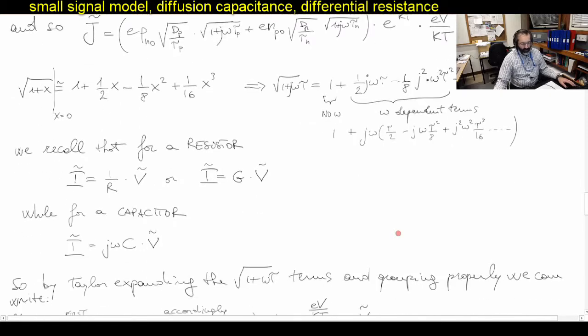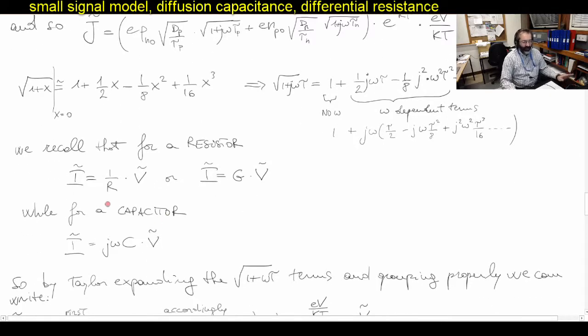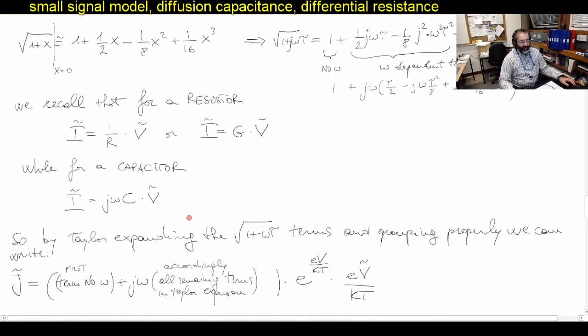Now, remember that when we have a resistor in AC signals, I tilde is equal to 1 over R times V tilde. Or if you like, I tilde is G V tilde. G is the conductance, if you remember, which is the inverse of the resistance. If we have instead to deal with a capacitor, I tilde would be j omega C V tilde. Remember, this would be 1 over Z of the capacitor.